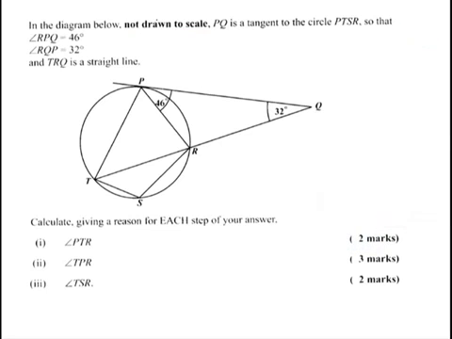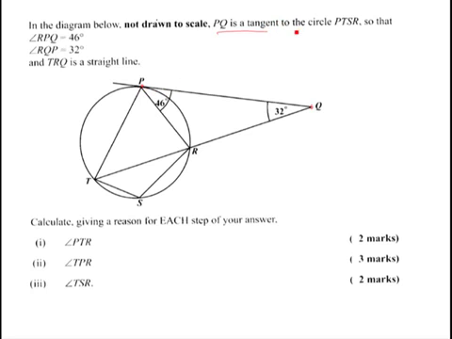Okay, so let's analyze the other information. PQ is a tangent. Make sure we understand that. Point P is right here, point Q is right there. So this line from P to Q is a tangent, and we can see that because we see the point of tangency right here, where this line touches the circle.